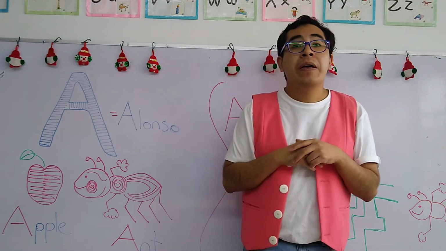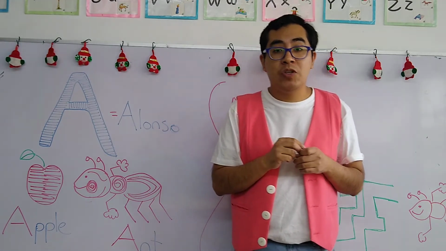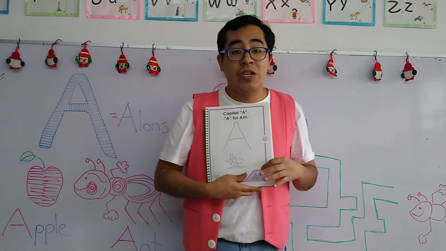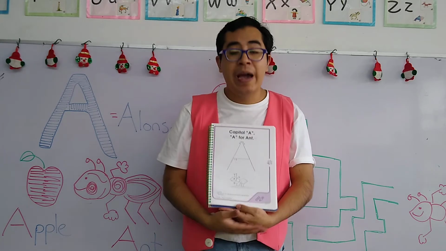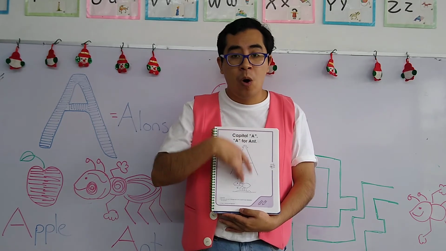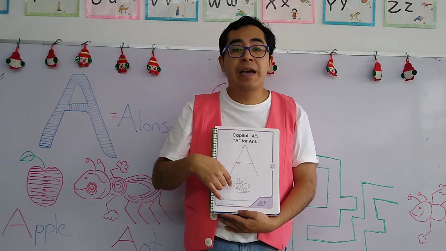Very good. Now, the activity of today, my children, appears right here on this page. It's only one activity, and as you can see here, we have the capital A, and under we have the ant.